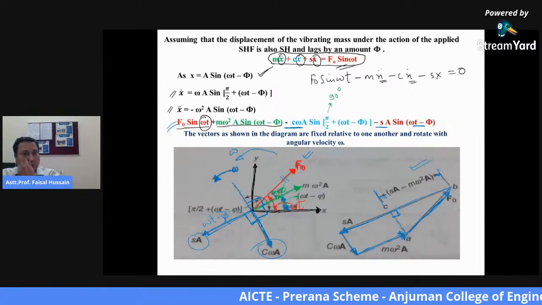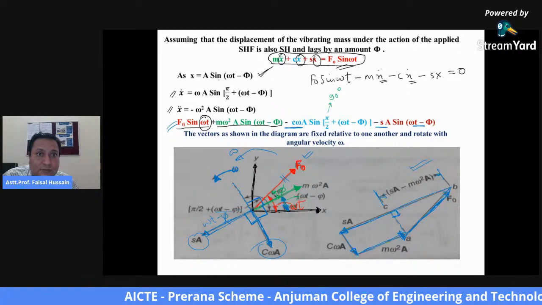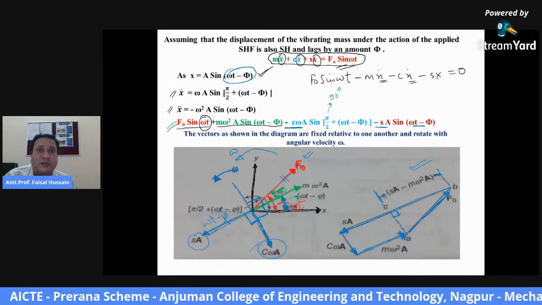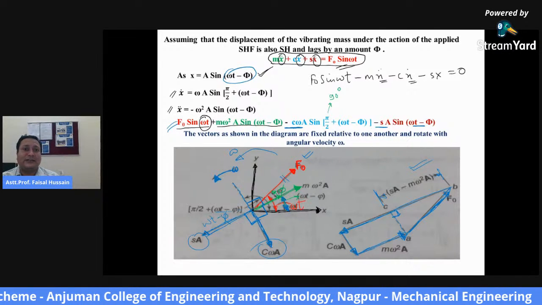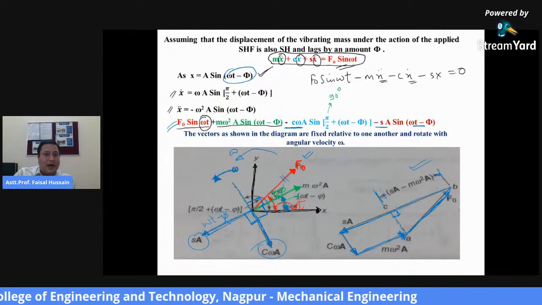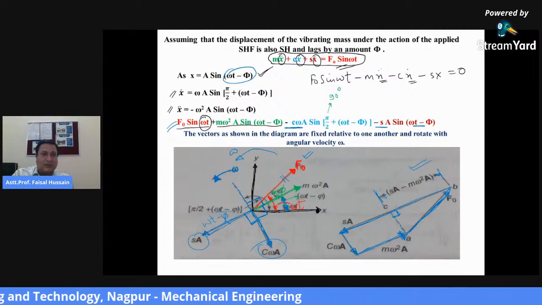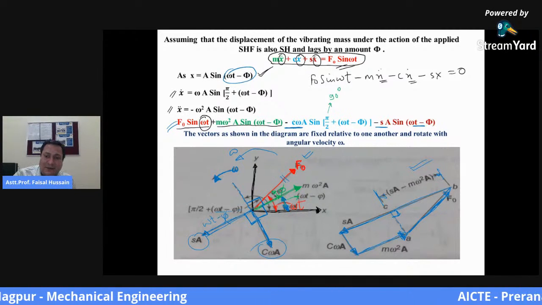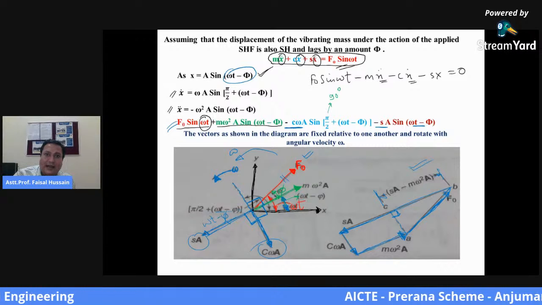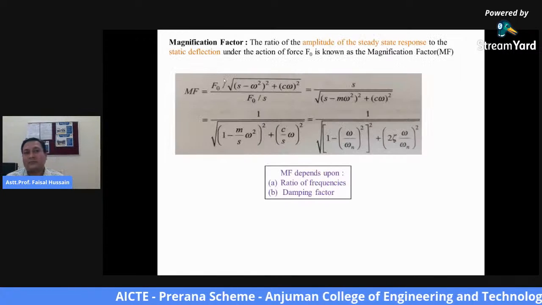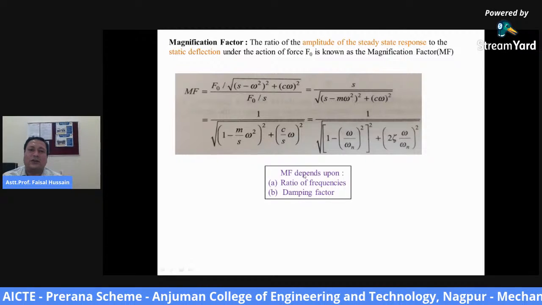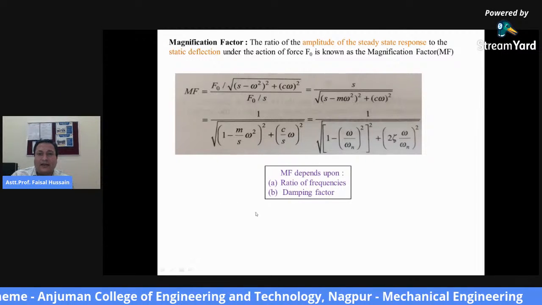And here we have assumed that the displacement of the vibrating mass under the action of the applied simple harmonic forcing is also simple harmonic and lags by an amount phi. That is your phase lag. Okay. Now, magnification factor. So what is magnification factor?